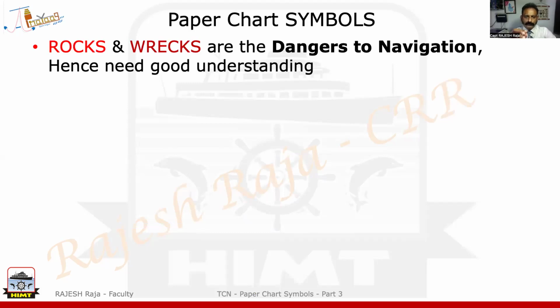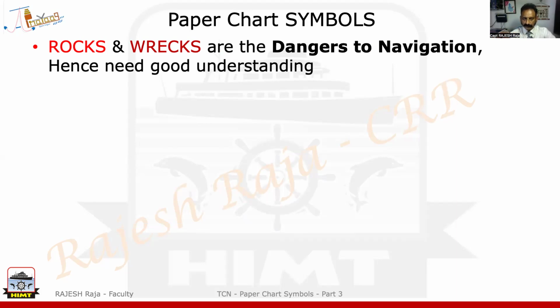A small introduction, because it is important for you to know that rocks and wrecks are both dangerous to navigation, and so you need to understand them. And the problem is there are different symbols for just the rock and the wreck also.